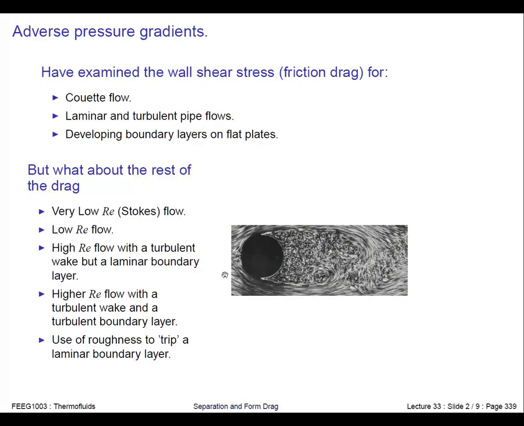If it was a turbulent boundary layer, the flow would stay stuck further around, and you get a smaller wake, and as we'll see, a smaller pressure drop and a smaller drag on the object because of this. So one technique is to use roughness to trip a laminar boundary layer to make it turbulent, and this essentially is what golf balls do.